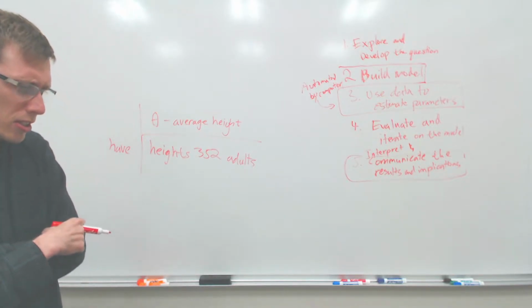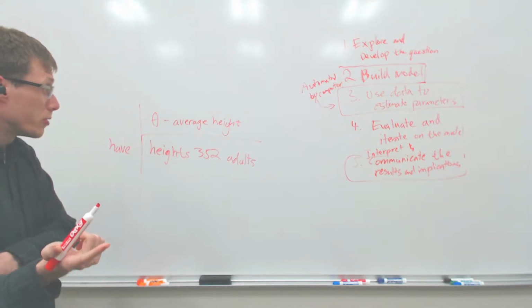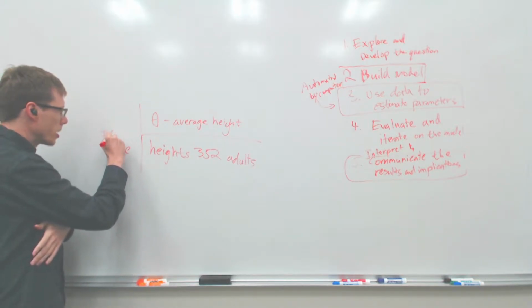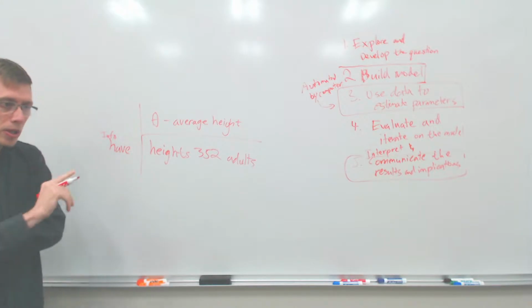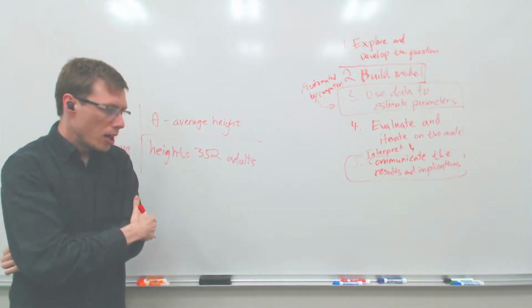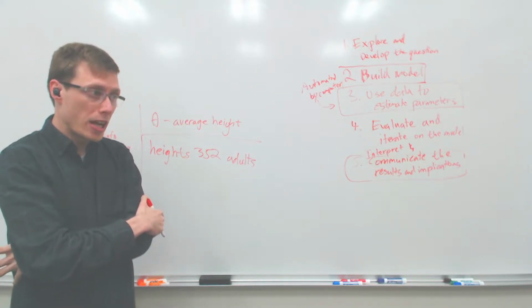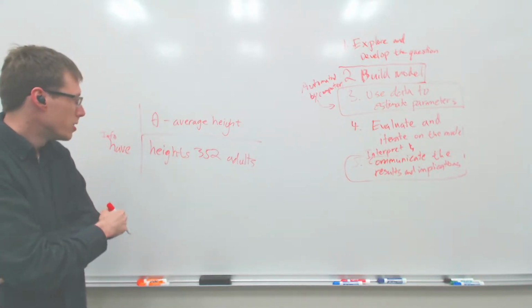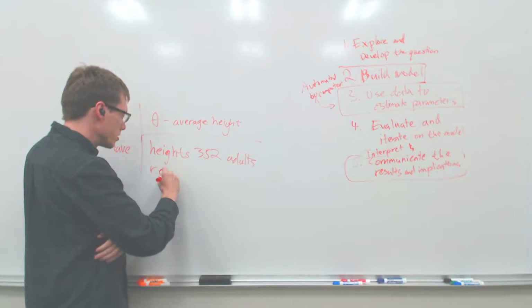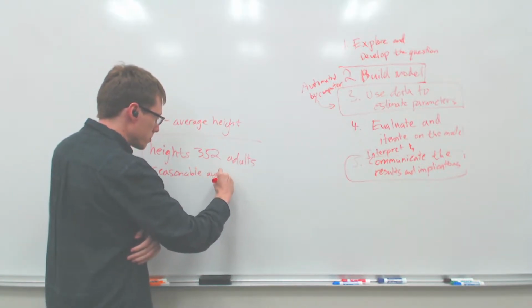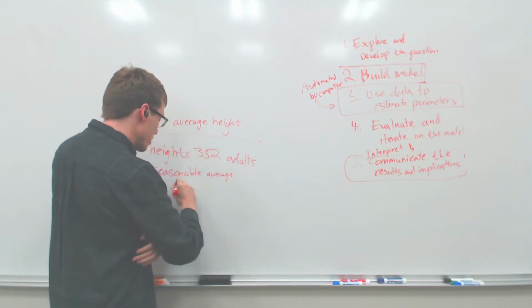Now the question is, we also have other information, right? We have some information as far as what we think would be reasonable average heights. We know of some reasonable average heights just from experience, right?